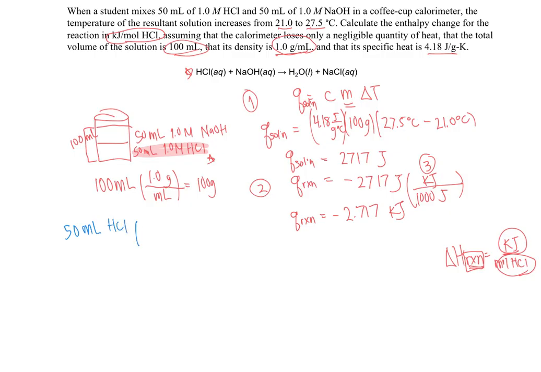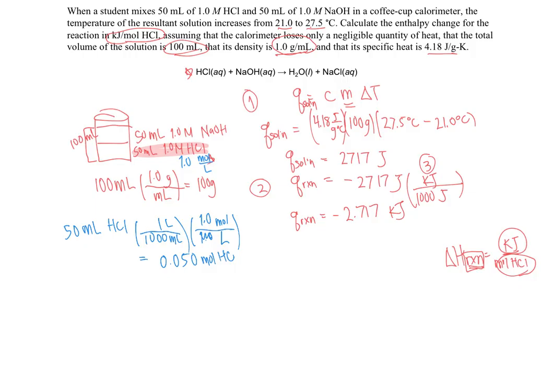We need to get it into liters so we can use molarity. 1,000 milliliters is 1 liter. And remember that 1 molar is 1 mole per liter, so it's a conversion factor. So we can now go 1 mole per liter. We do those calculations and we end up getting that the amount of moles of hydrochloric acid that we added was 0.05 moles HCl.